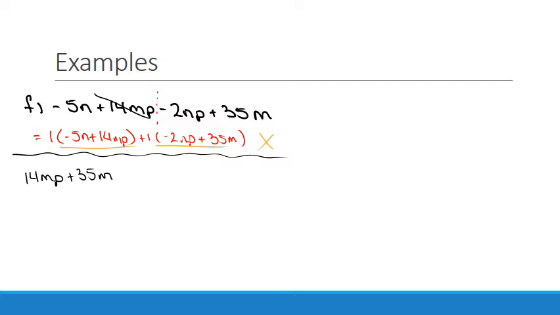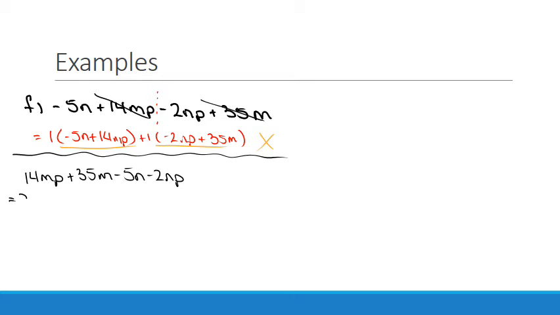So I've dealt with this guy and this guy. That means the other two have to go together. Negative 5N minus 2NP. Don't worry about things like what goes first. Just write however you want to write it down where you think things are common. So if you wrote the 35M first, then the 14MP, you would be fine in the end.